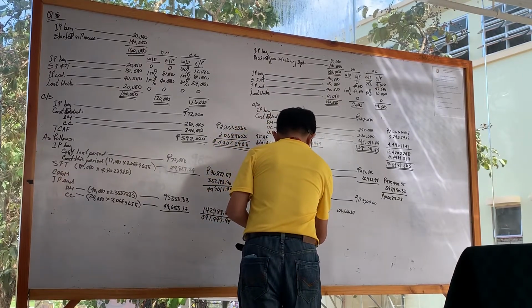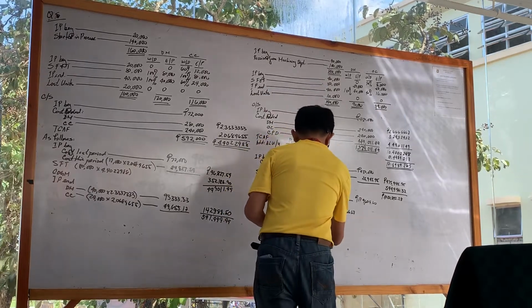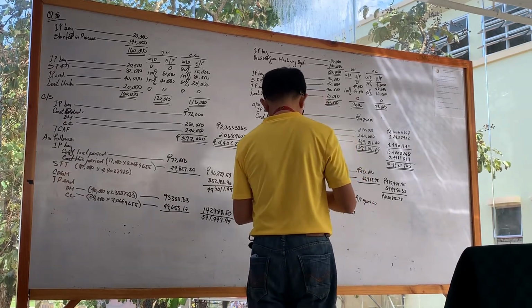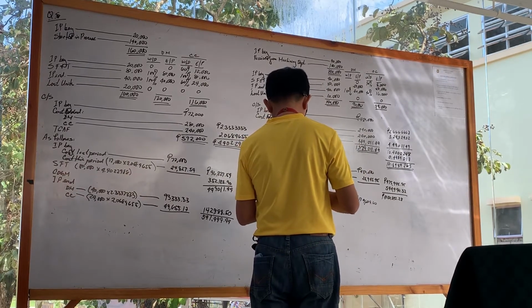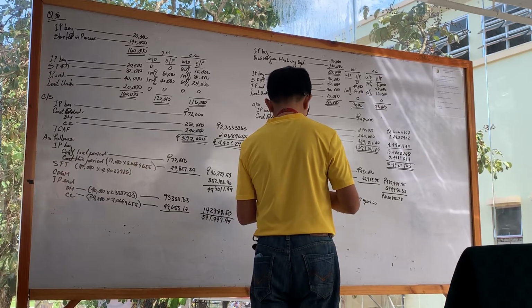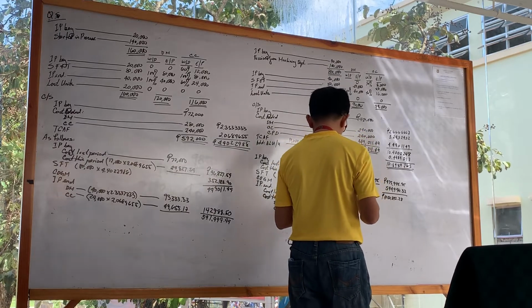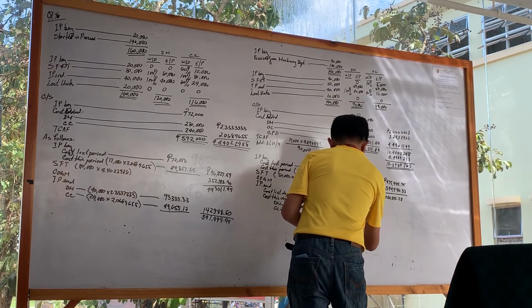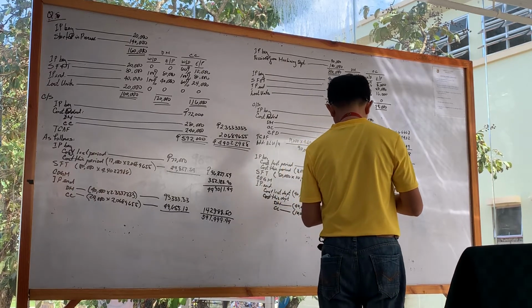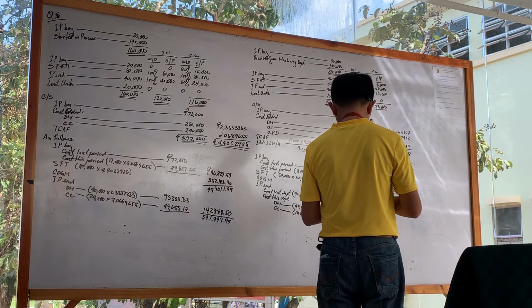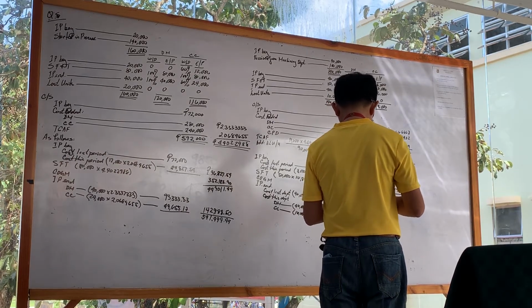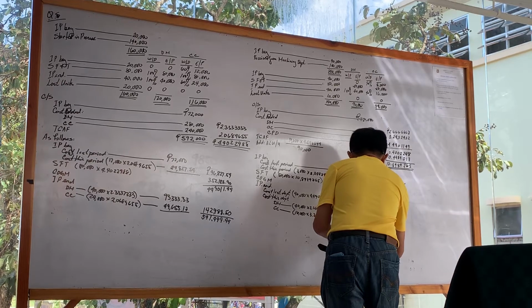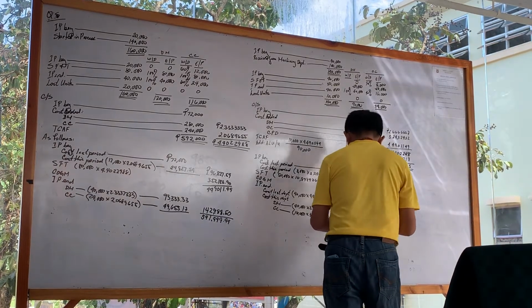Conversion cost 16,000 times 3.243242 is equal to 51,891.89. Total 158,558.56.